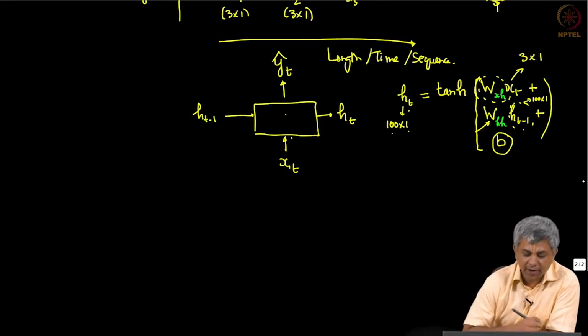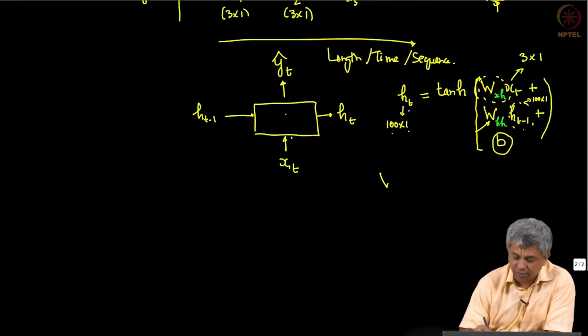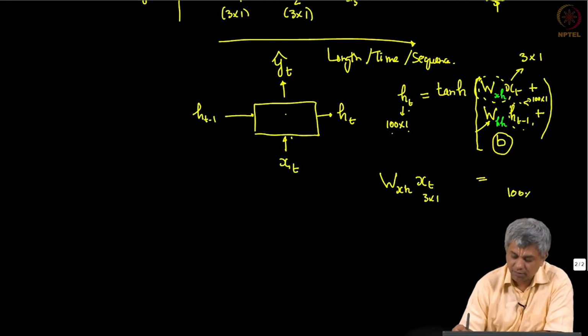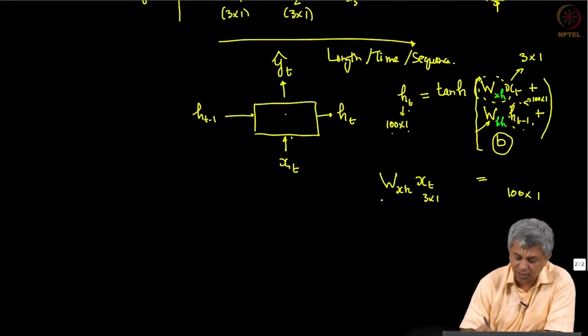I hope you tried it. So, as you can see, wxh takes in a 3 cross 1 matrix. This should give you a 100 cross 1 matrix as output, which means wxh has to be 100 cross 3.